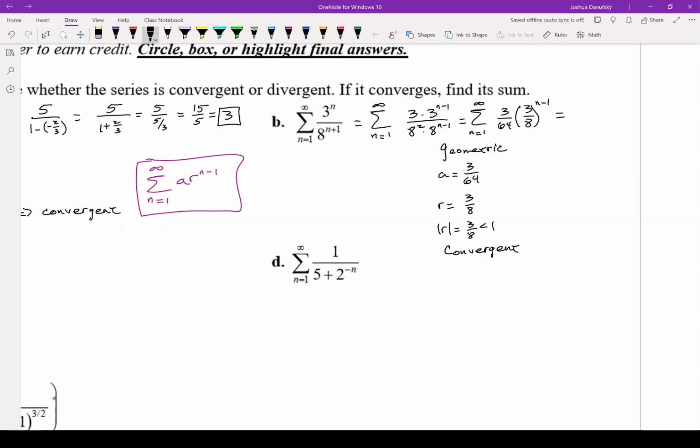We can find the sum by taking the first term, A, over 1 minus the common ratio. If we multiply top and bottom by 64, we end up with 3 on top over 64 minus 24, which gives us 3 over 40.